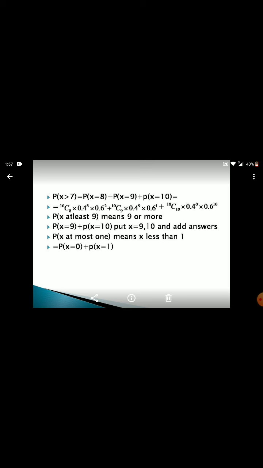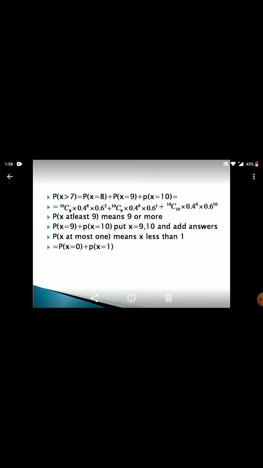There are only two possibilities, 9 and 10, because 10 से आगे ये जा नहीं सकता. Maximum bound is 10. So you have to find the probability for x is equal to 9 by putting in the formula, and x is equal to 10, and then add both. Always remember, at least means that number or more than this. इससे ज़्यादा, यानी उतना या उससे ज़्यादा.